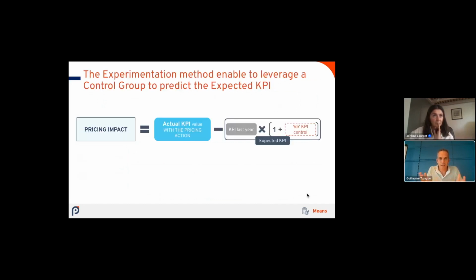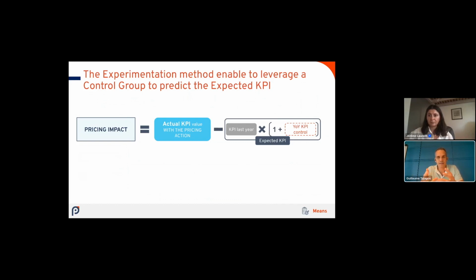Finally, we come back to our basic measurement, where we want to measure the difference between our actual KPI versus our expected performance. What we are doing is looking at the KPI of the previous year, for the same scope as the one we are optimizing, and then we allocate to it the evolution of performance observed in the control group.